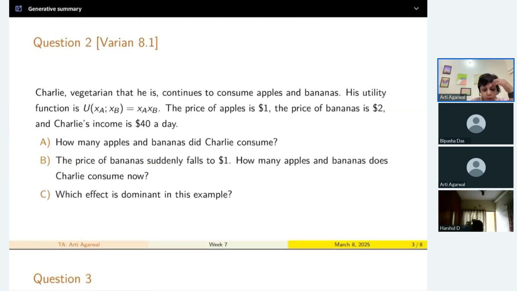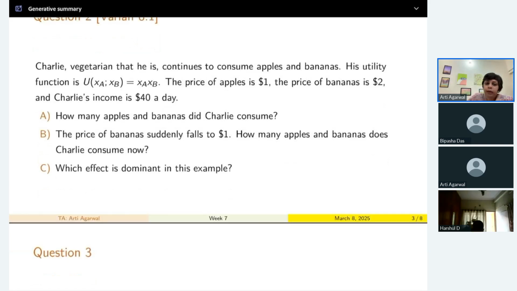Okay, so question 2 is a simpler question compared with question 1. You are given that Charlie consumes apples and bananas, and his utility is XA times XB, where price of apples is 1 and price of bananas is 2, and his income is 40. Very similar kind of a question.